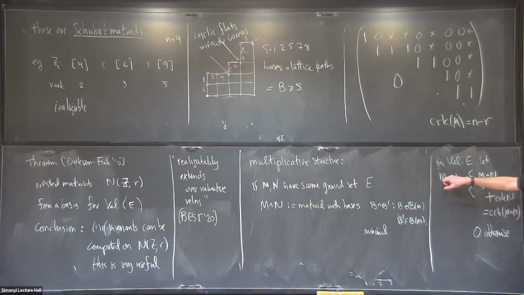But if you define a product on the pre-abelian group of matroids using this intersection product, with the proviso that you take the graded part, so you throw away intersections which are of the wrong co-rank, then it does induce a ring structure here. So it's constant on valuative relations.